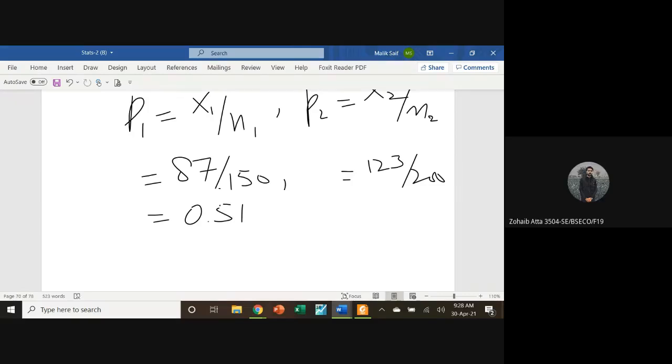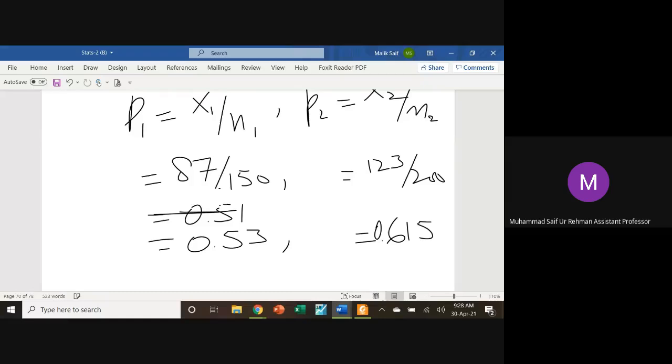P2 is 0.615. So check P1 again: 87 divided by 150. The answer is 0.58. Right.